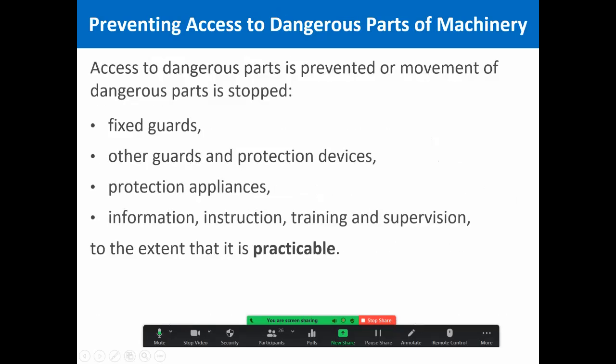One of the most important aspects of machine safety or equipment safety is that you need to make sure that all the dangerous parts of the machinery are made safe. Because when you use a machine or equipment, it has a lot of dangerous parts. Those dangerous parts could be hot surfaces.